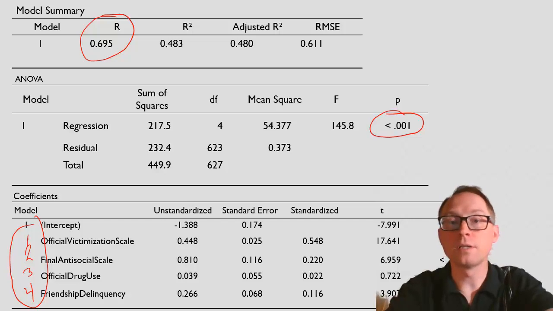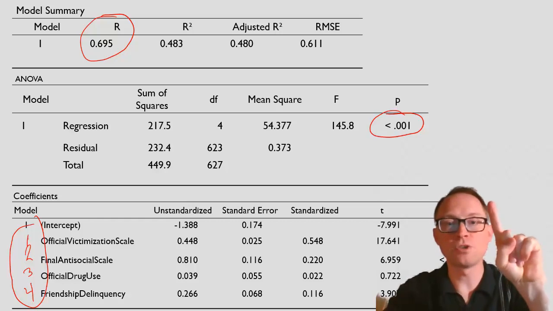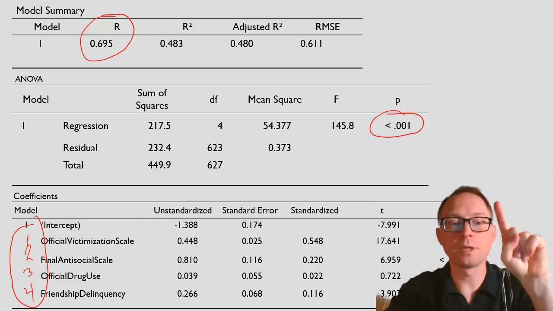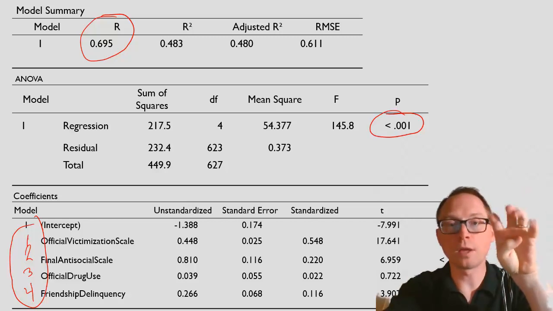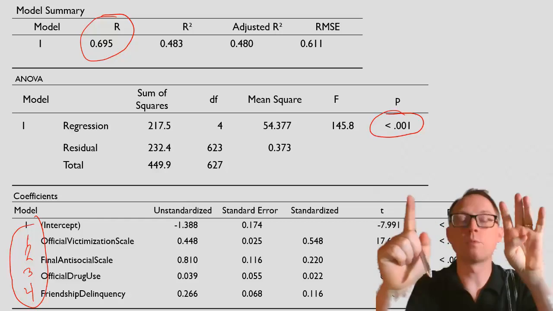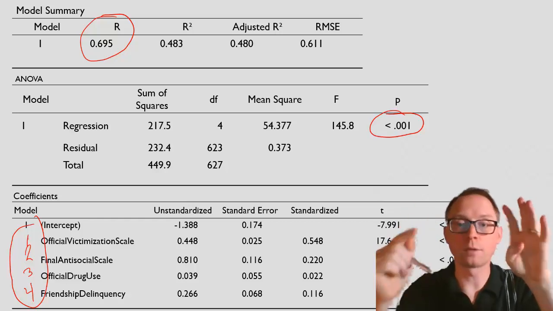Our standard is 0.05, so we can statistically significantly say that those four factors, how much you've been victimized by other bullies, your antisocial behavior, official drug use, and friendship delinquency, those four things together predict the outcome, which is how much of a bully you are.